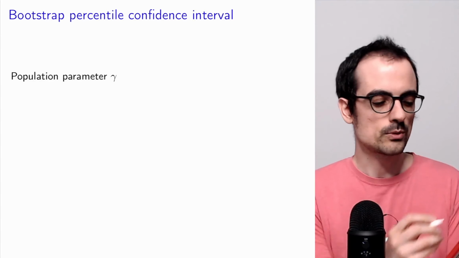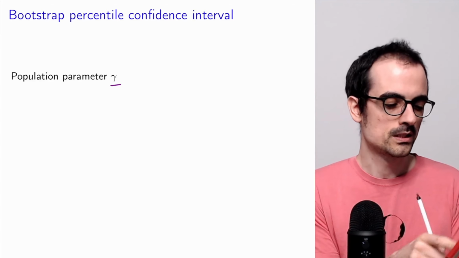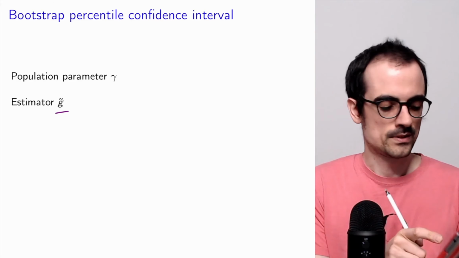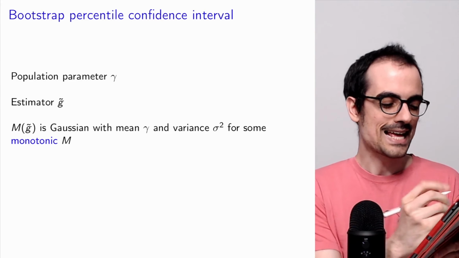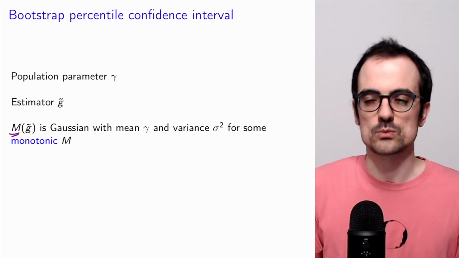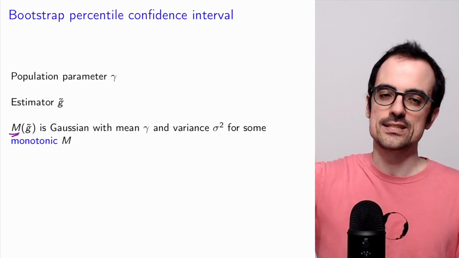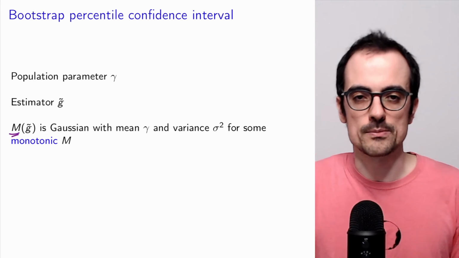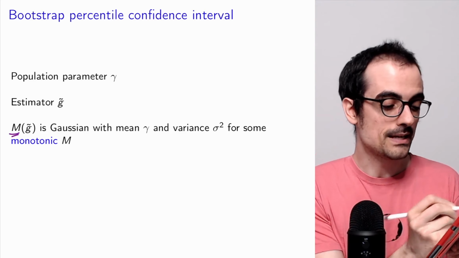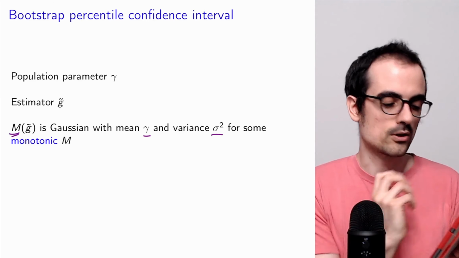Okay, so imagine that we have a population parameter gamma and then an estimator g of gamma. We're going to assume that m of g, where m is a monotonic transformation that we're going to assume is non-decreasing, but the same argument holds for non-increasing transformations, is Gaussian with mean gamma and variance sigma squared for some monotonic m.